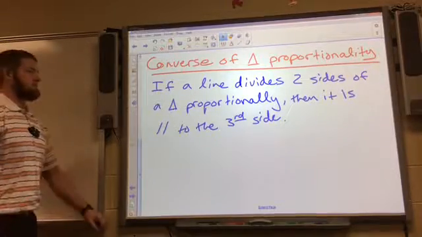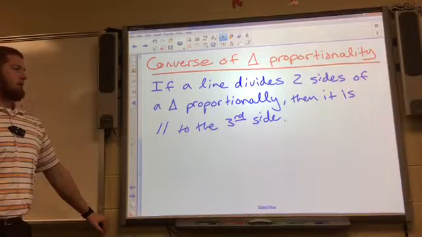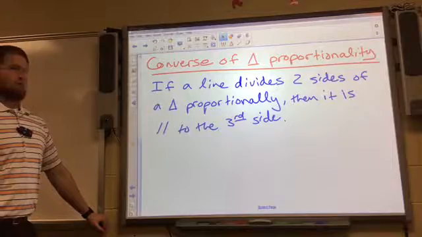If a line divides two sides of a triangle proportionally, then it is parallel to the third side.